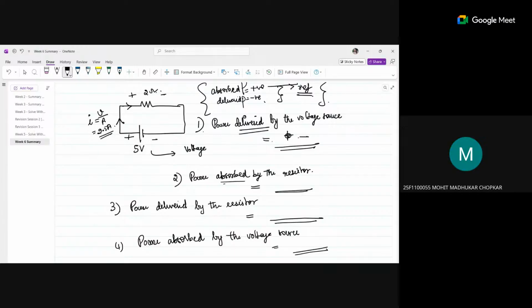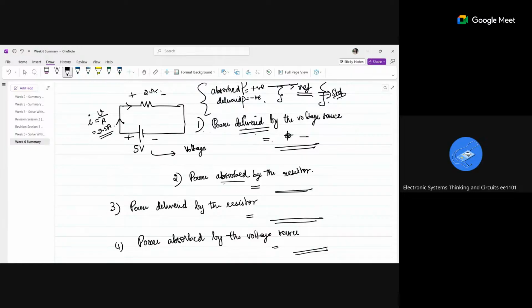And if it is not given whether absorbed or delivered, then we take absorbed as positive and delivered as negative. Then we go for the standard directions. These are standard convention, but we also have to answer with respect to the question. Here they have asked power delivered by the voltage source.